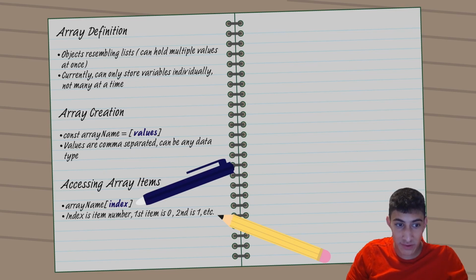In order to access an array item at a specific index, it's very similar to accessing a specific character in a string. You just type the array name and then square brackets in front of it, and then inside those square brackets the index number.